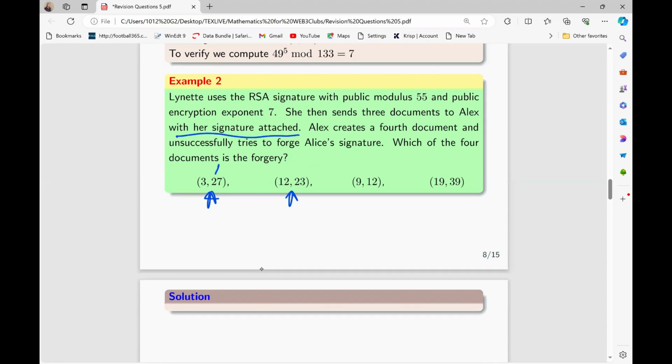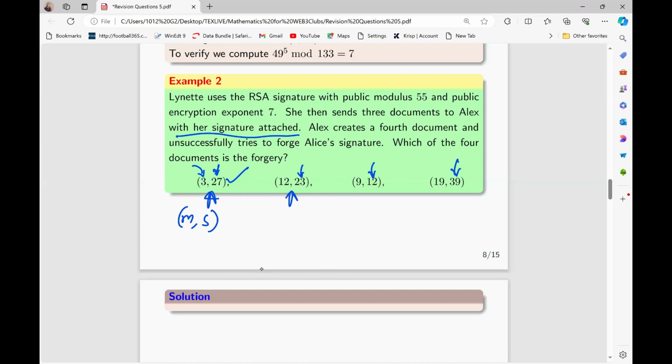So we know that this is the signature for this one, for this one, and for this one. And this is the message. Remember, what you are sending is the message with S. So our message for this document is 3, and our S is 27.